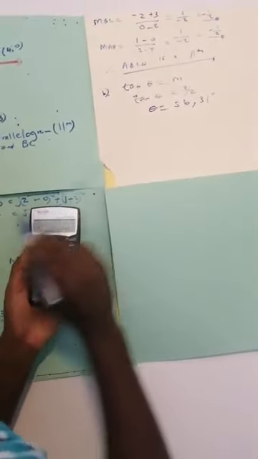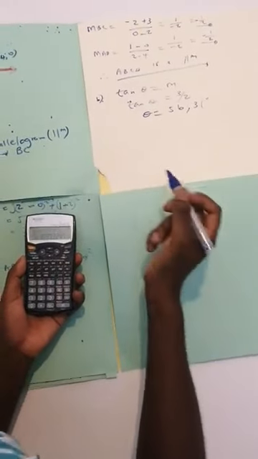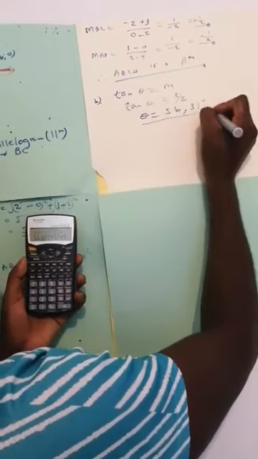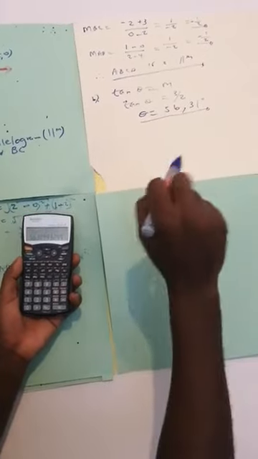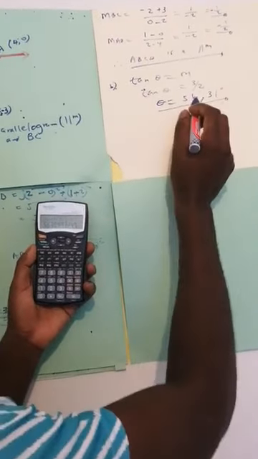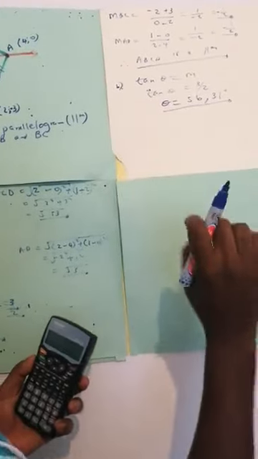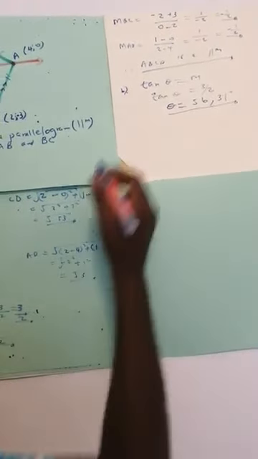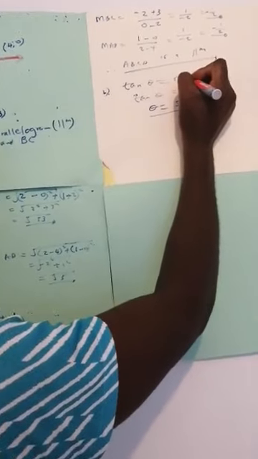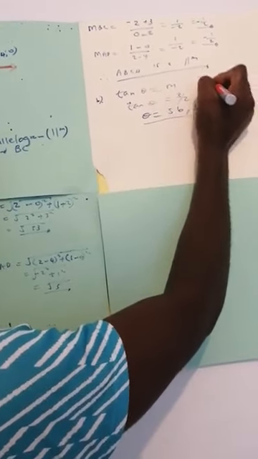Just round off to 56.31 degrees. Because it's positive, it will be like that. If it was negative, we're going to say plus 180. This is the angle of inclination of AB.